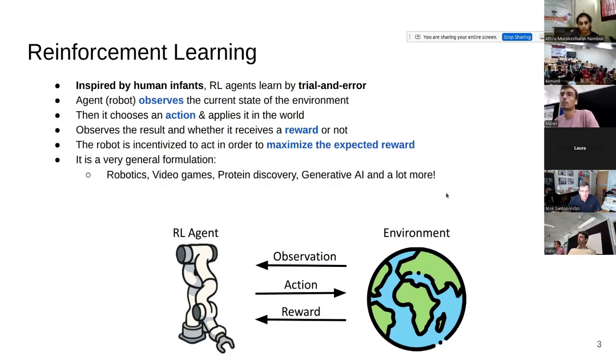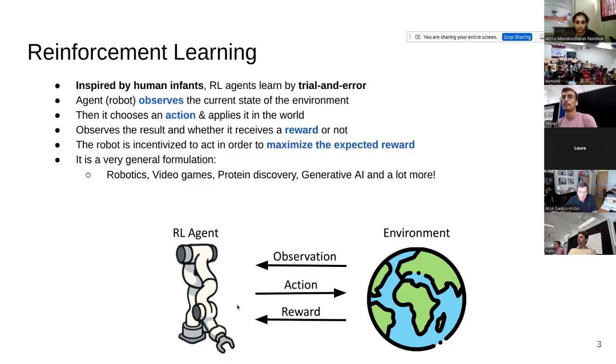That's what we call the environment. And then, conditioned on what it just observed, it will choose an action. It will apply that action, and it will change the environment in which it is situated, and then it will see if it was a good action or a bad action, and that's what the reward tells it.